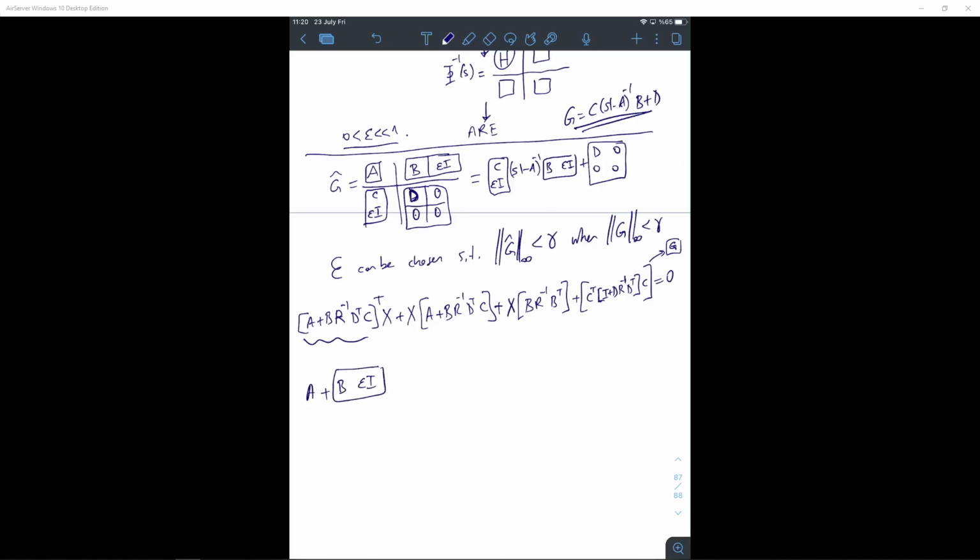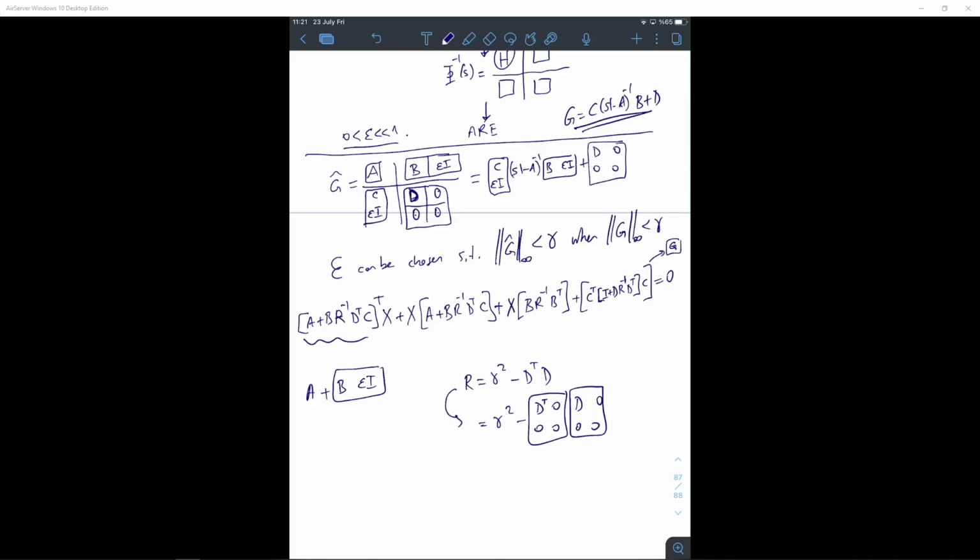R inverse, or rather let's look at the R. R is like gamma square minus D transpose D. What's D? D is this, I'm really abusing notation, 0 0 0, and D 0 0 0. I guess it's the transpose.